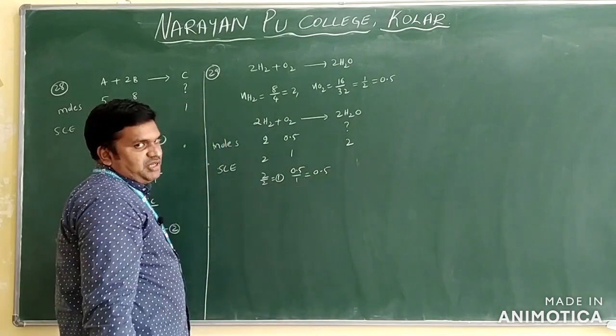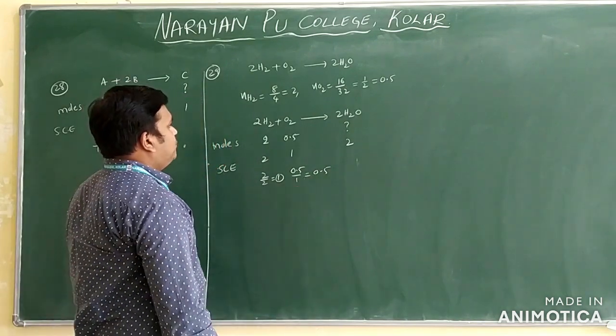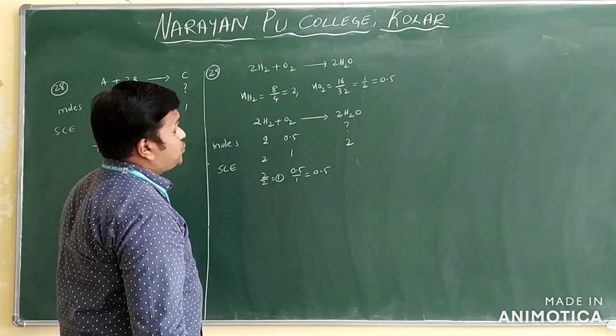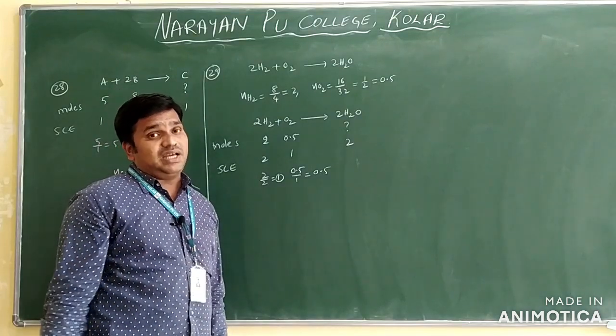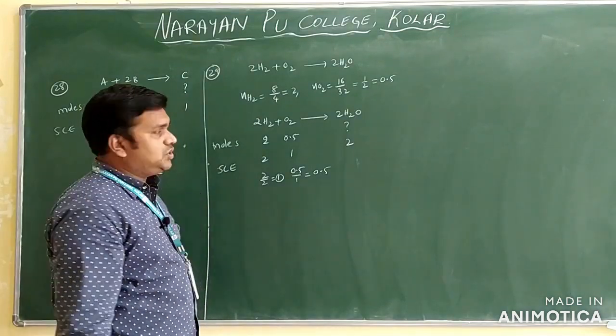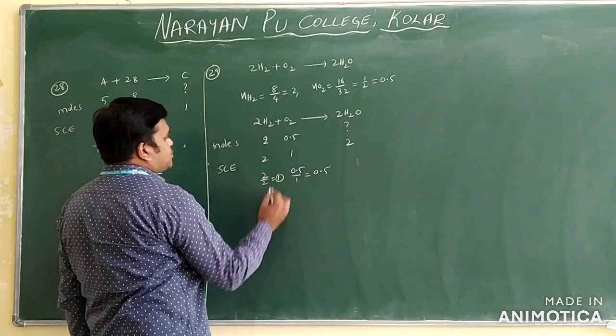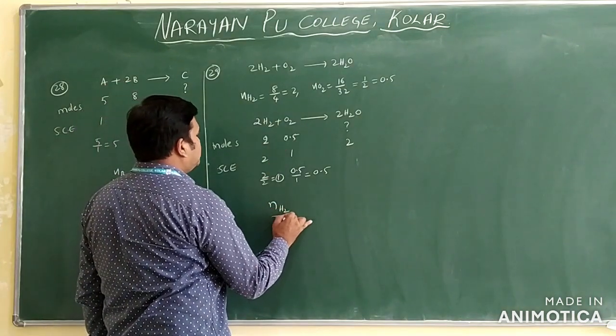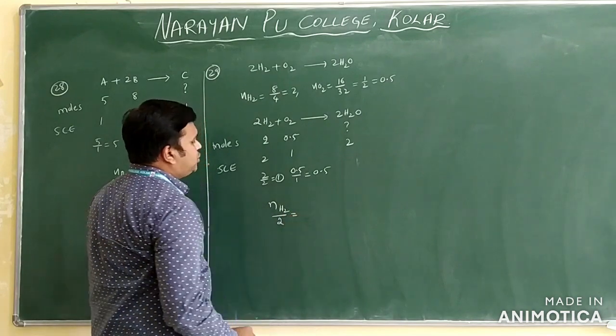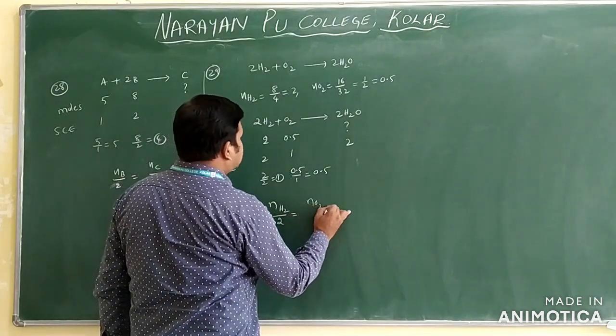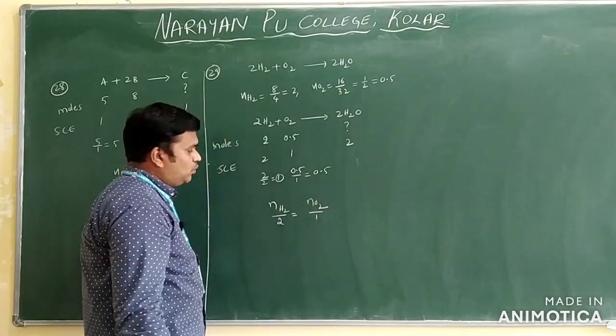So this may be the limiting reagent, you can say. Now they are asking how much amount of H2 is left in the reaction. They did not ask the number of moles of H2O formed. So we have to compare these two. Number of moles of H2 by its stoichiometric quotient 2 is equal to number of moles of O2 by its stoichiometric quotient 1 only.